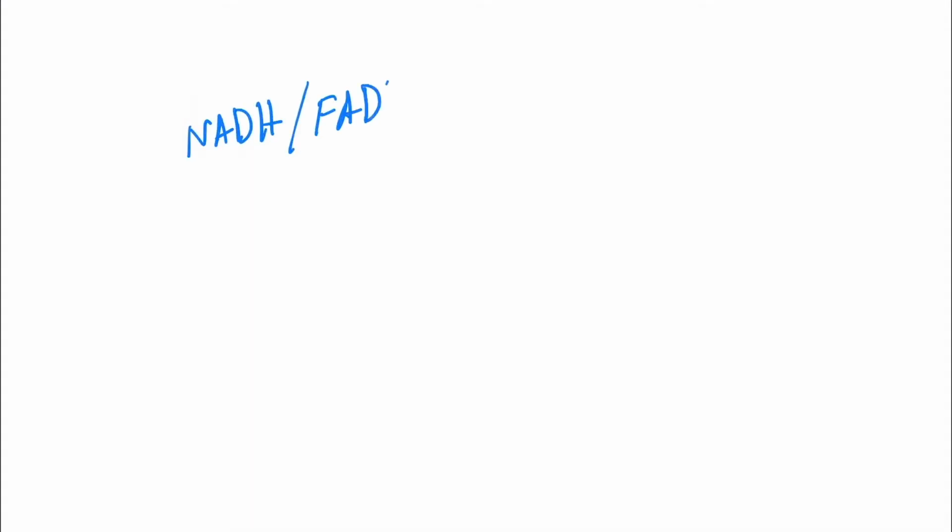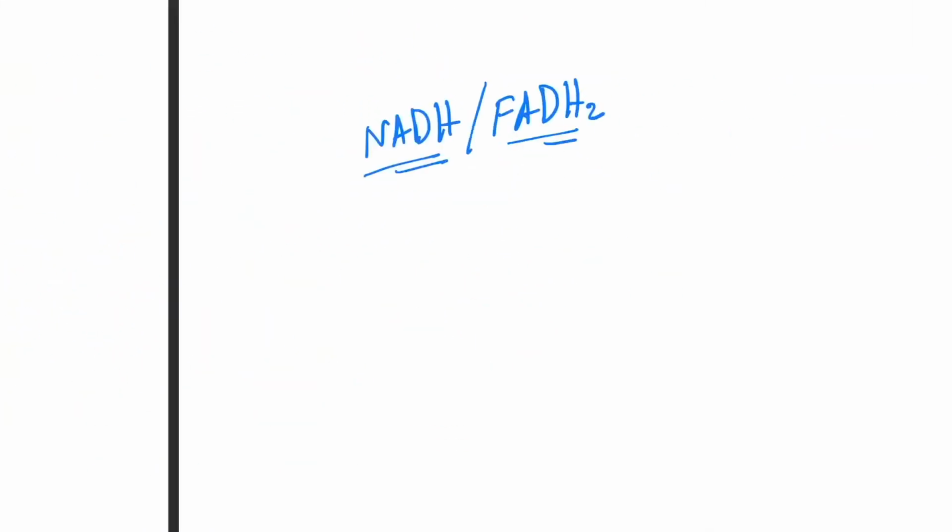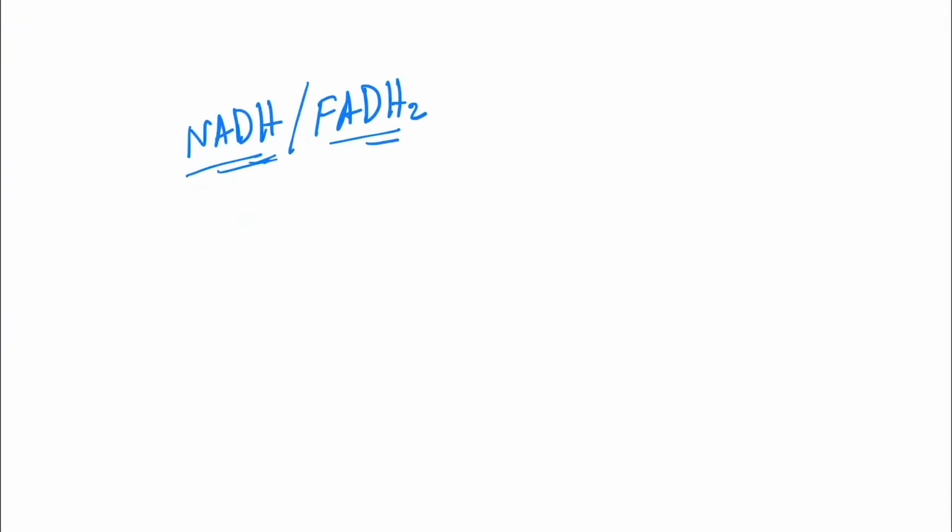Okay, so now let's see what happens. The electrons from these reducing coenzymes, NADH or FADH2, are filled by electrons. You can see it is receiving electrons. These electrons are transferred through a set of electron carriers. So the electrons will be released to a carrier.